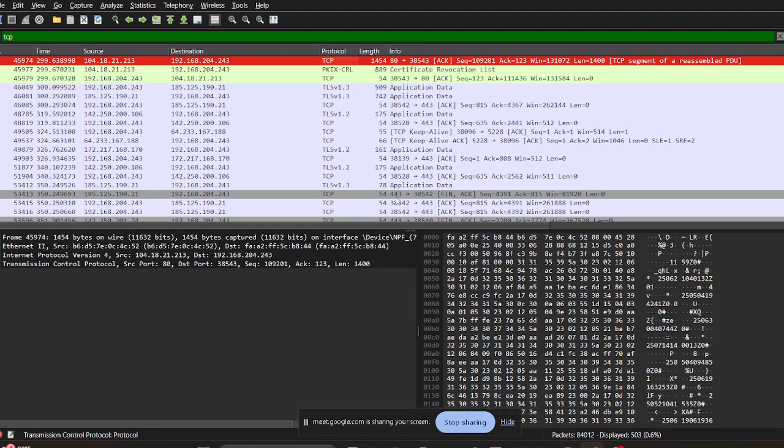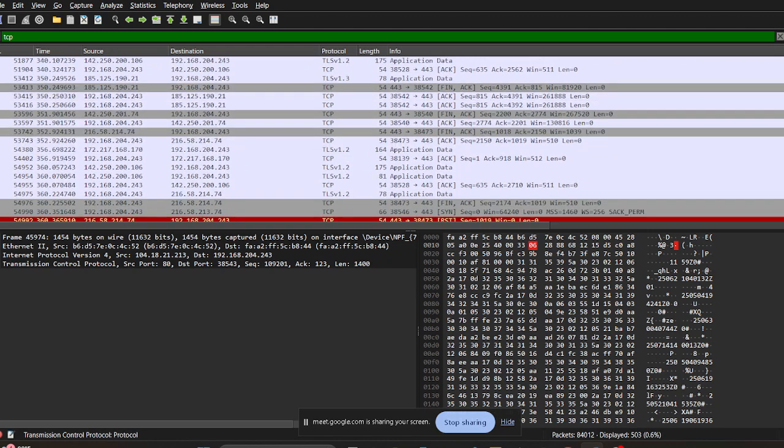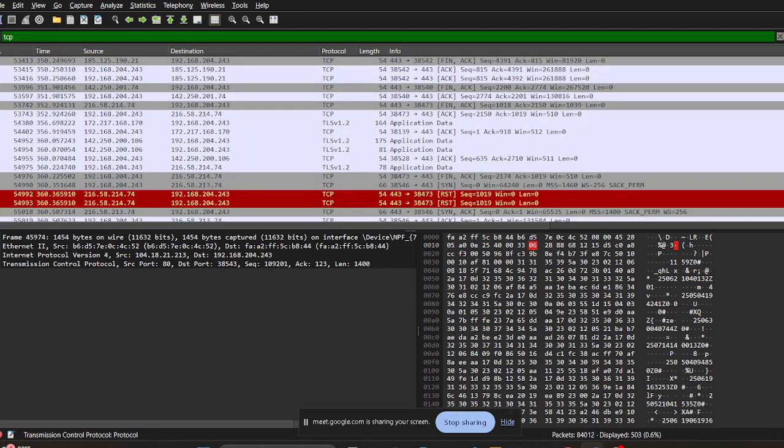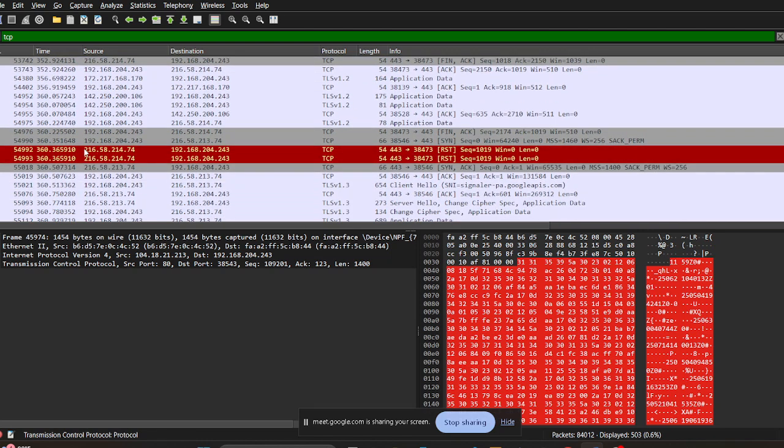So let me see if there will be, there should be SYN somewhere. Here you can see SYN, that's sync, and then you see ACK again. So let me see.